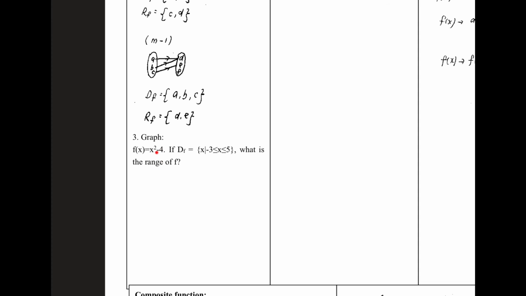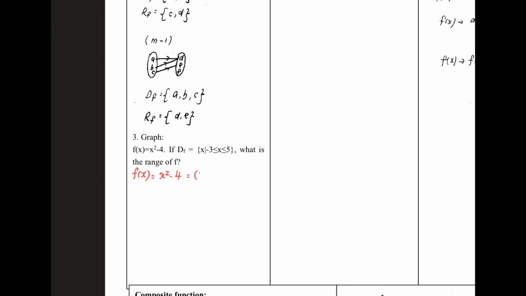So to sketch the graph, first of all, we need to know that this is a quadratic graph. To sketch a quadratic graph, it is good to know that we have to find out turning point, x-intercept, and y-intercept. Let's start with the x-intercept. To find out x-intercept, we have to factorize x squared minus 4.